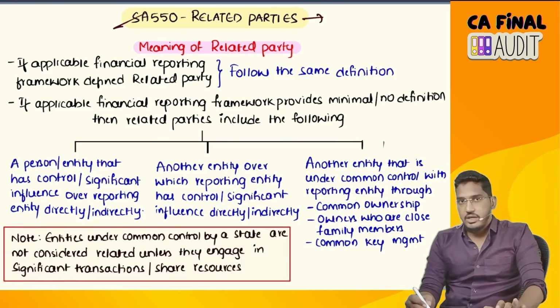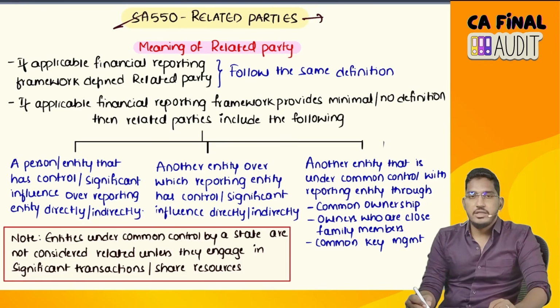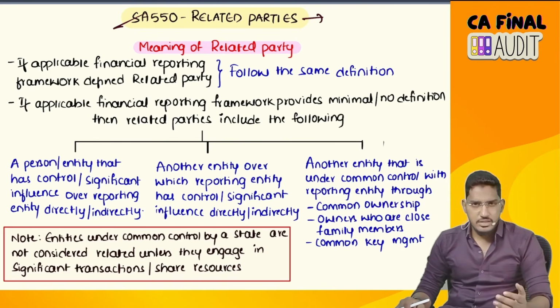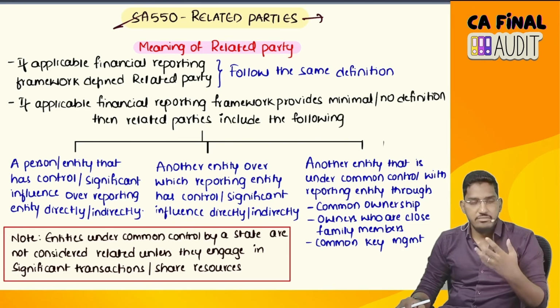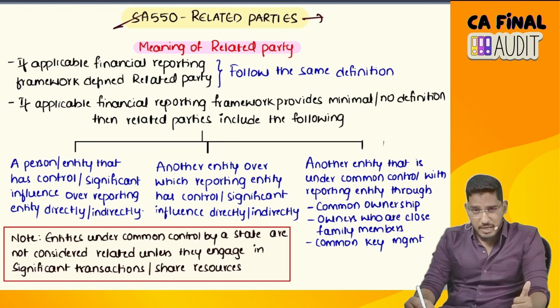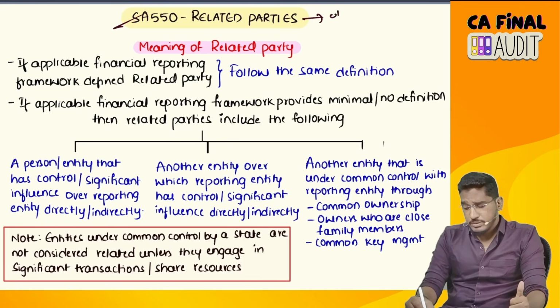See guys, as we all are aware, wherever there is a related party, there is a risk actually. Why? Because you can't influence an independent party, but if someone is related to you, there is a huge scope for manipulation. That's why wherever related party transactions are there, under the Companies Act also we have so many disclosure requirements.